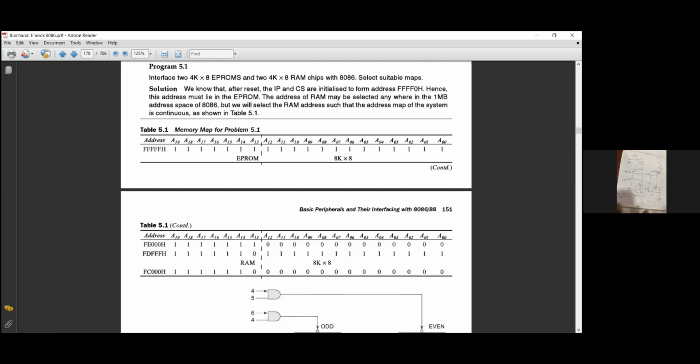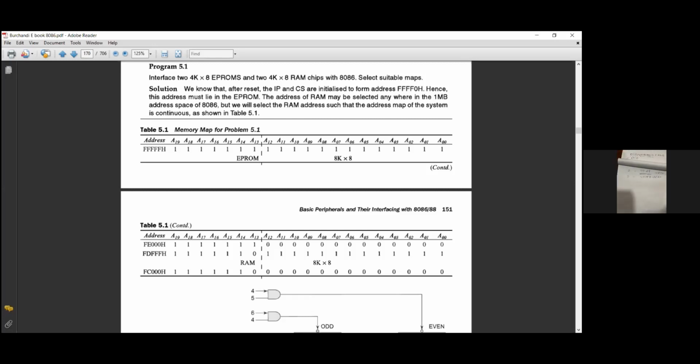It is never only one 4K into 8 RAM; it is always in a pair of two. It may be two, four, six, eight, something like that. One is for the odd bank and another for the even bank. That's why we need two memory chips at a time. Is it clear? Yes, sir.